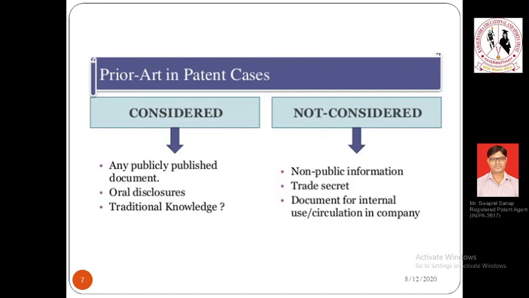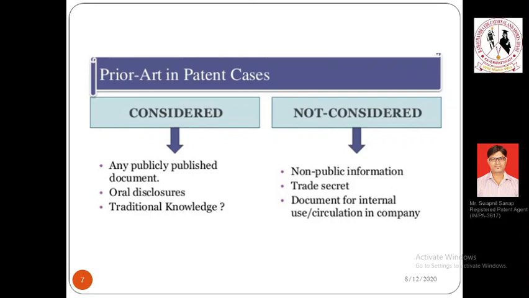For example, any publicly displayed document or any published document that is available in the art. What are the sources of publication? One is books, other is newspaper, third is internet. Absolutely. So electronic documents which are published in the public domain may also be considered as a kind of published database or publicly displayed information.